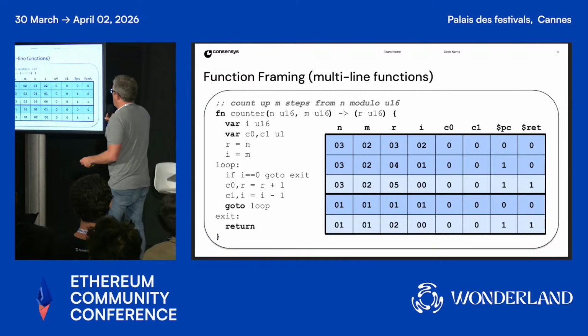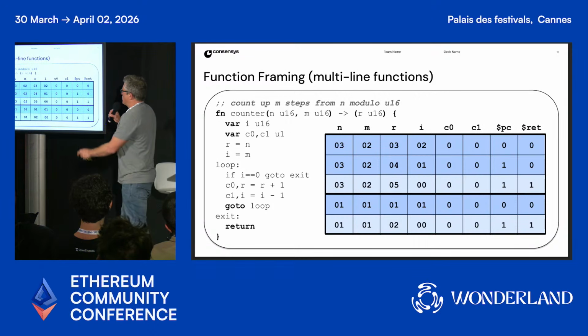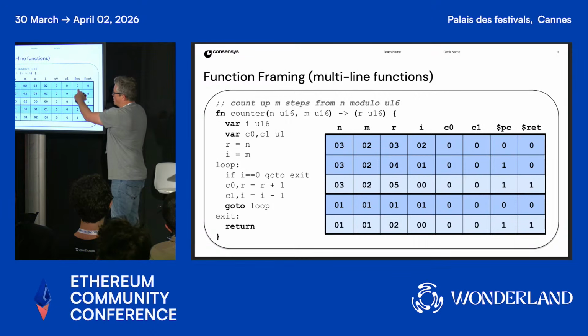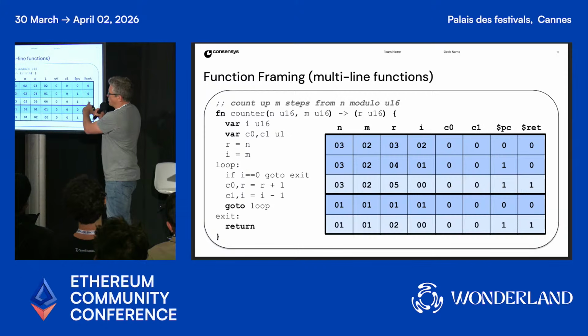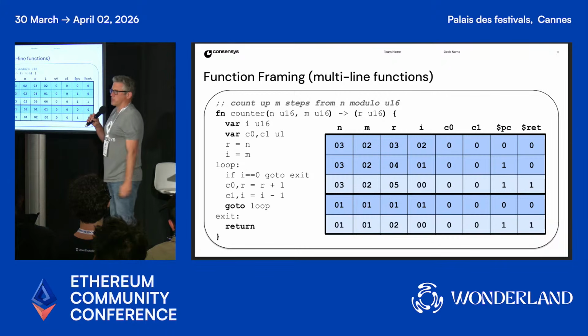There are a couple of things to note about this. In order to make this work, we've added some control registers here. We've got a program counter, which tells us what instruction we're on. We've got a return signal, which tells us when we've reached the end, basically when we've reached the return instruction, right? The idea is that with the return signal, we're going to use our lookup to get the result out of the function only when the return is 1.